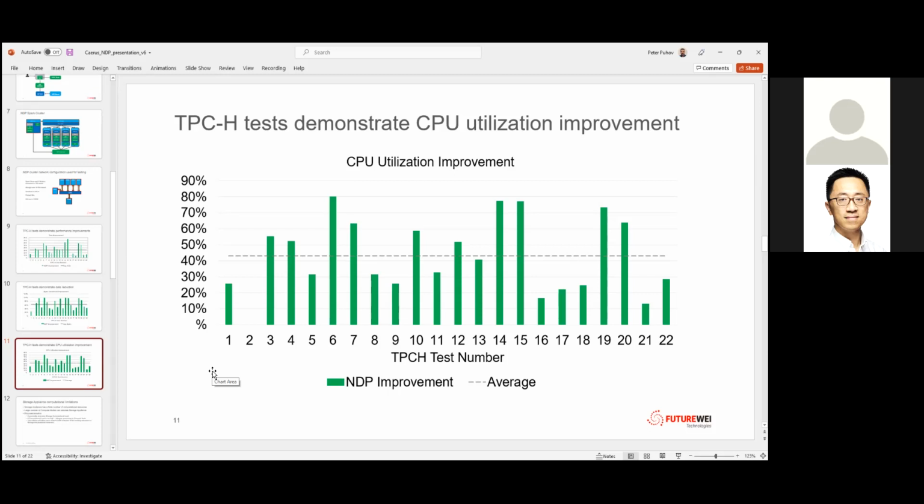What does it mean? It means that when Spark runs in its native way, it consumes on average 40-something percent more CPU load on its nodes.